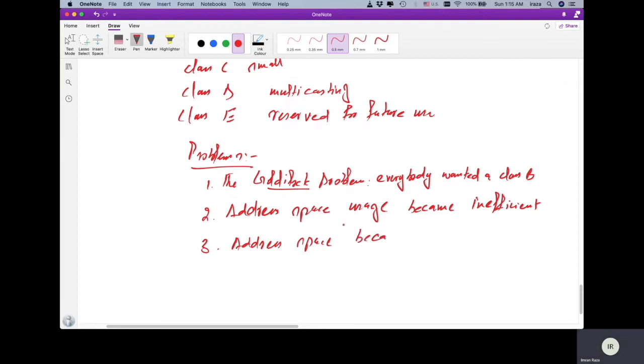Because of this inefficient use of address space, the address space became scarce, right? For example, they predicted that by 1992, half of the class B addresses had been allocated, and so on and so forth, right?